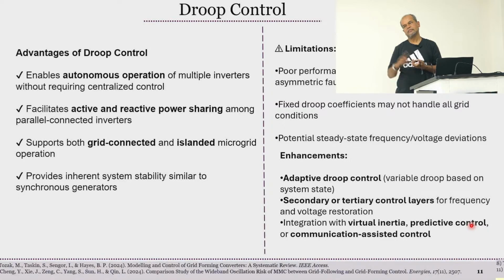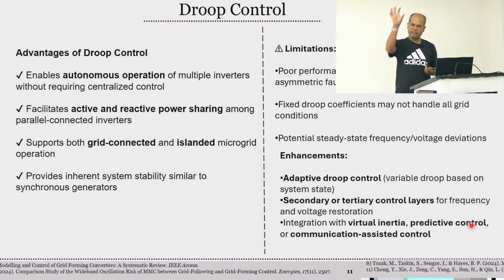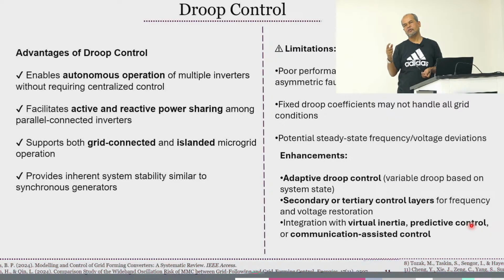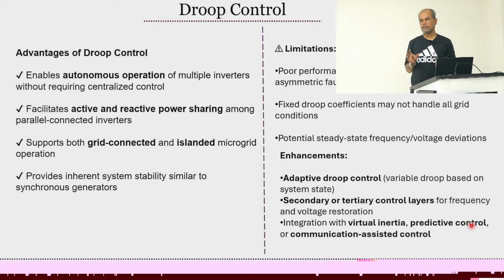So when you have multiple devices, and your communication is not reliable, for example communication fails, then you cannot send the signal back or even collect the signal. At that time your system performance might deteriorate.